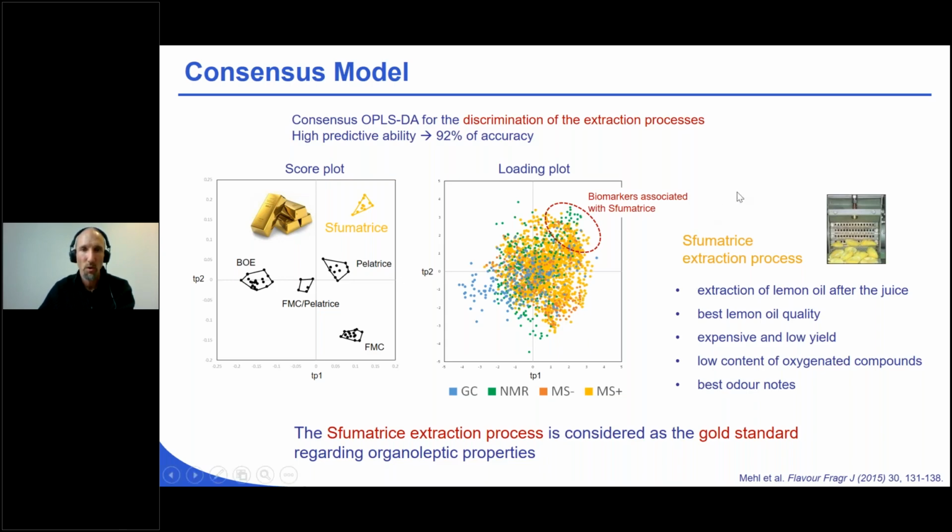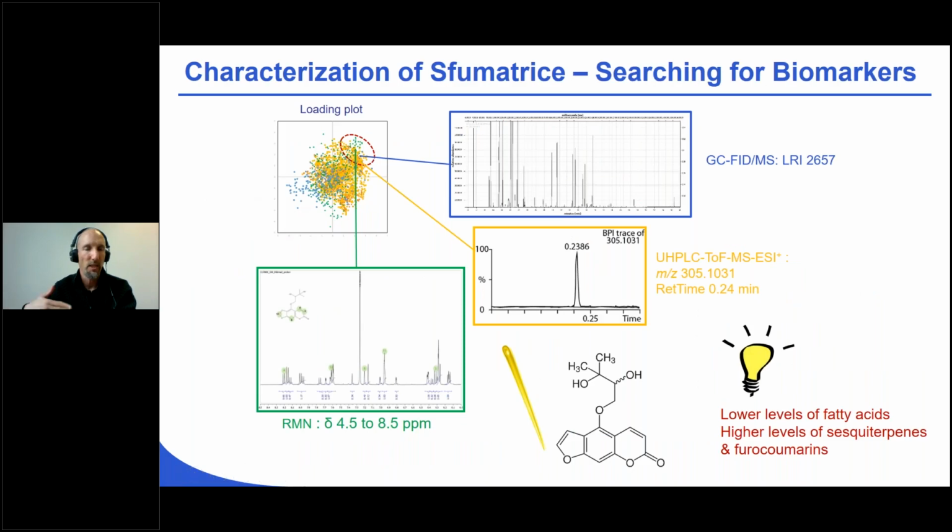In that way, by coupling information from GC, from LC, and from NMR, we were able to get more insight into the chemical characteristics, with lower levels of fatty acids and higher levels of sesquiterpenes and furocoumarins to characterize these oils of specific high quality.